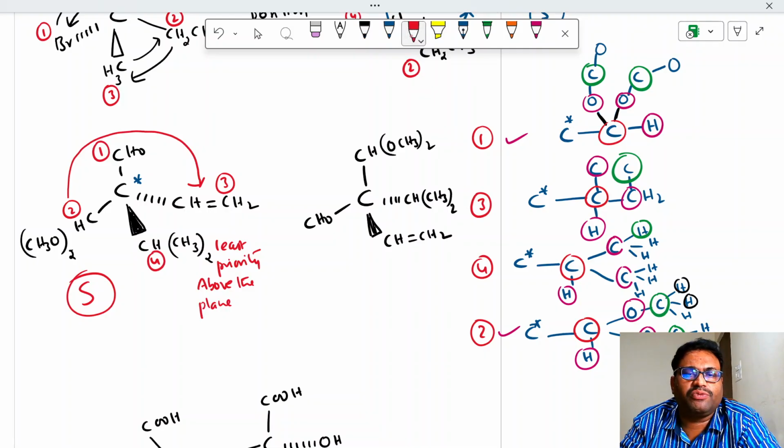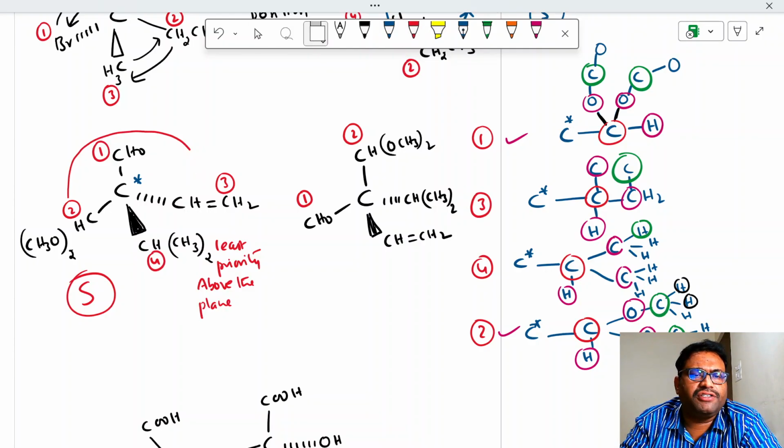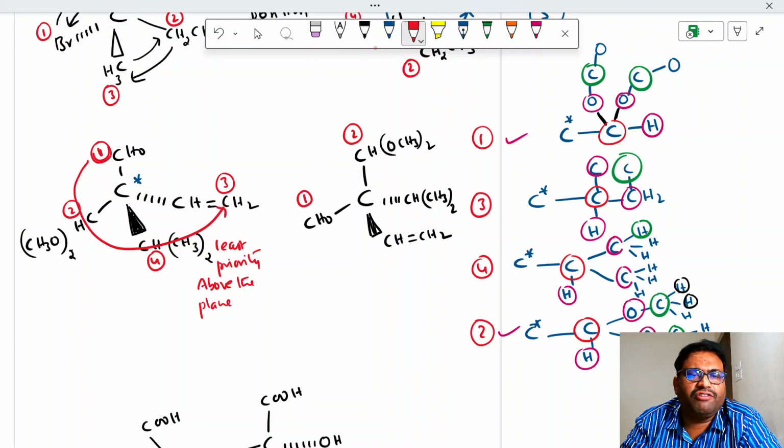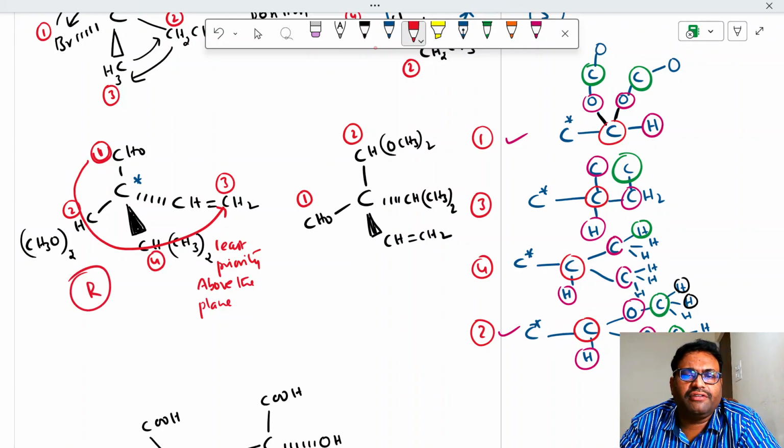Now write the priorities 1, 2. Before, what we had written was wrong; the arrow we did not mention properly. Here it is 1. Now what do you observe? This is 1, 2, 3. You are finding clockwise, and as the least priority group is above the plane, it will be R. Now you see 1, 2, 3.